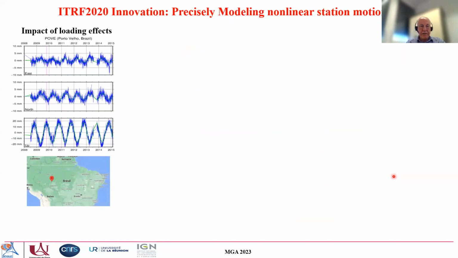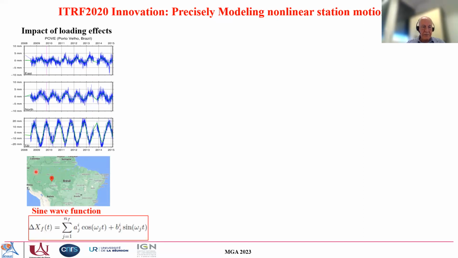Now, the innovation of IHRF 2020, for instance, is the impact of loading effect, as you see here as an example, a station in Brazil near the Amazon. After removing the linear trend, we see very nice seasonal signals, especially in the up component, which is of course due to hydrology. We modeled that using a sine wave function.